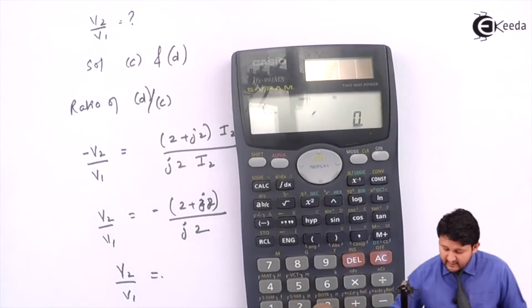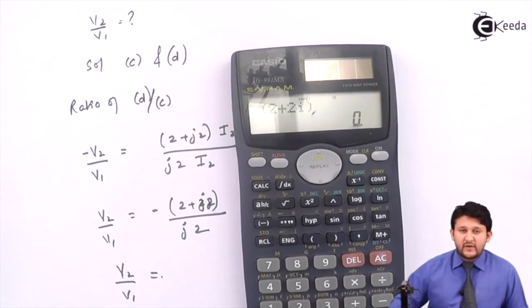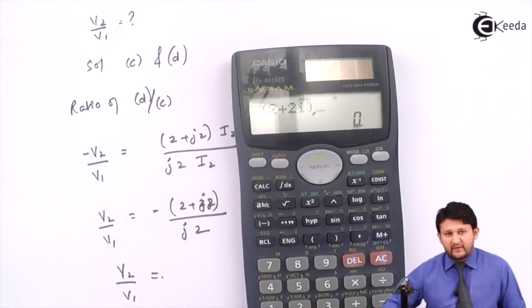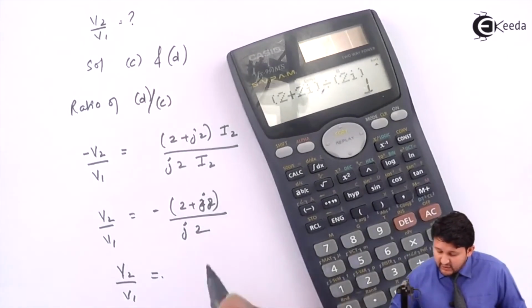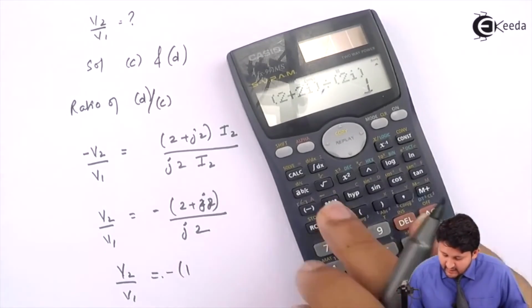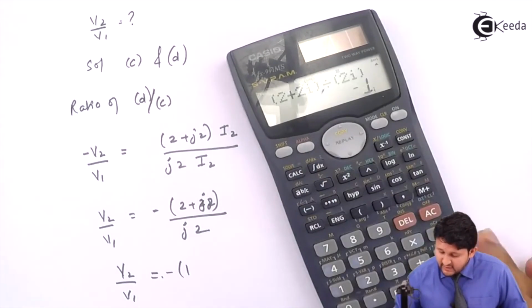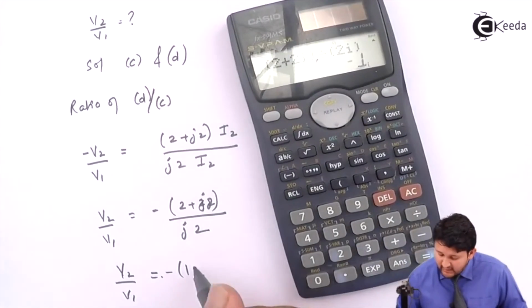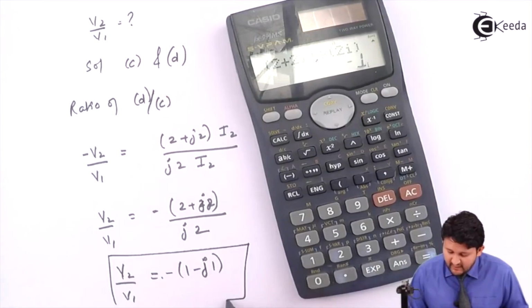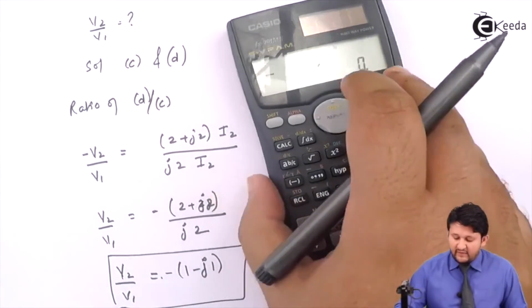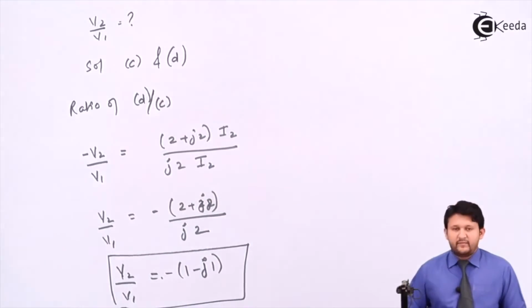So bracket 2 plus 2i, because while writing, write j first; in the calculator your imaginary term will be after your number. Divide by 2i, bracket close. The value you get is minus 1, the real part, and shift and equal to, you get minus j1. That's the value you got after taking the ratio of V2 upon V1.